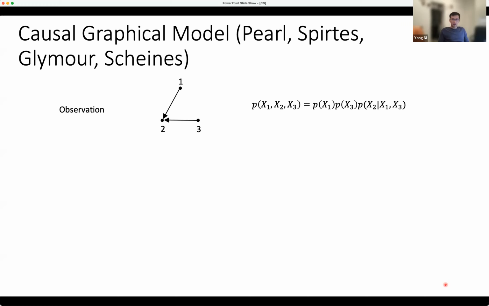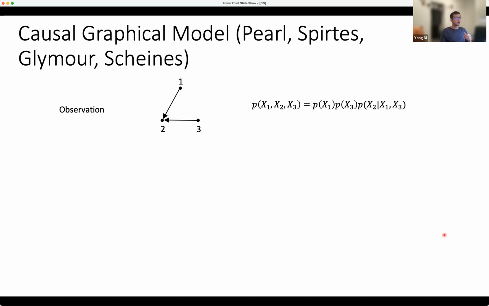On a high level, a causal graphical model has two components: a causal graph, which basically depicts the causal relationship between a set of random variables, and a probability distribution, which tells you how to generate an observational data set.